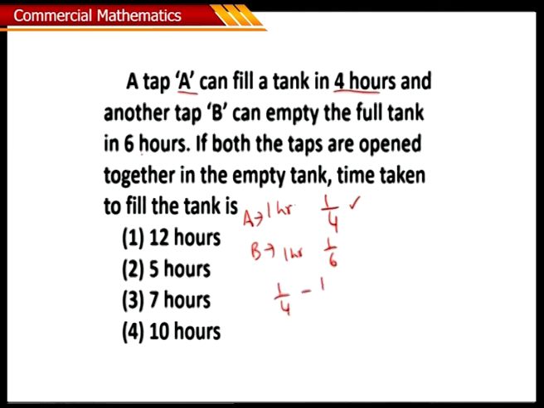So how much water will be left means their difference. So simply we take the LCM of these two. You can take 12. Here 4 divides 12 3 times, so 3 ones are 3, minus 6 divides 12 2 times, 2 ones are 2. Or you can take it like 1/4 into 3/3 and this is into 2/2. That's how you get this.